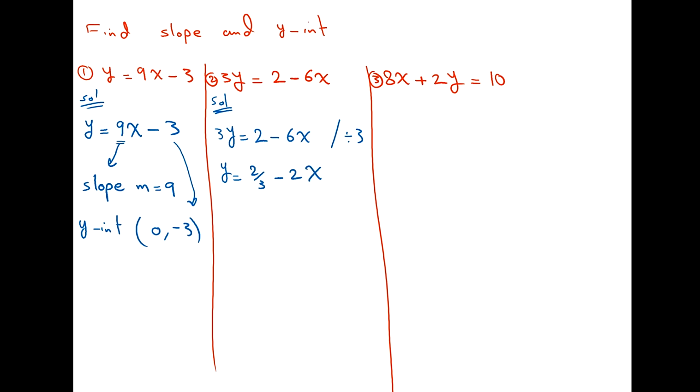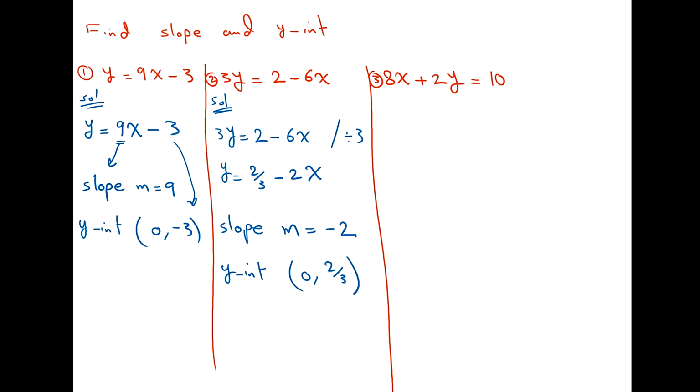Now we can conclude the slope m equal negative 2, and the y-intercept is (0, 2 over 3).